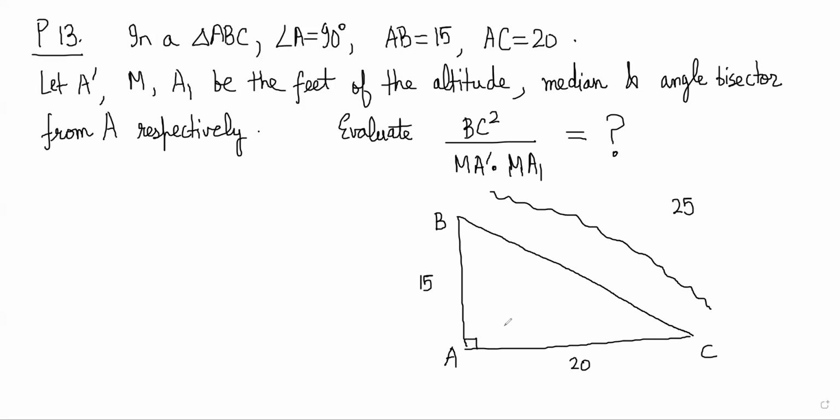This is 90 degrees. Now you have to draw three things. Altitude from A, so perpendicular on the other side. This would be my A dash. You also have to draw the median from A. Median means midpoint of the hypotenuse here. This will be your M.